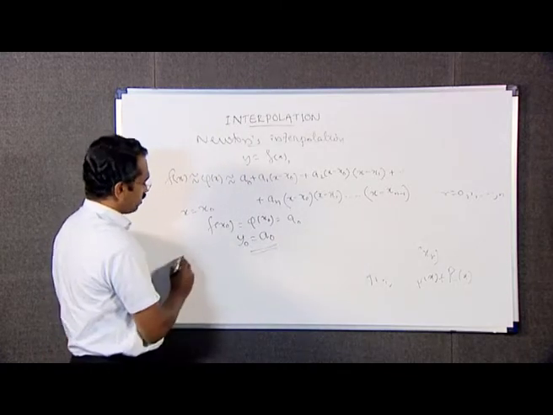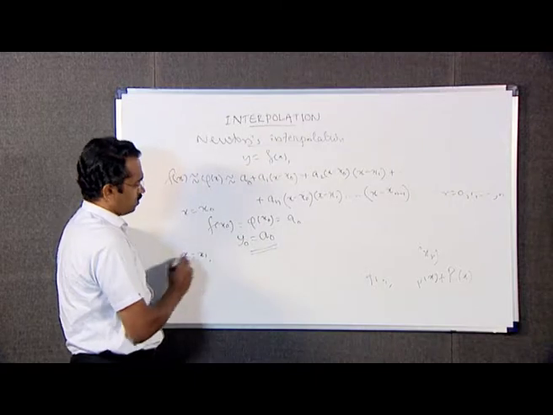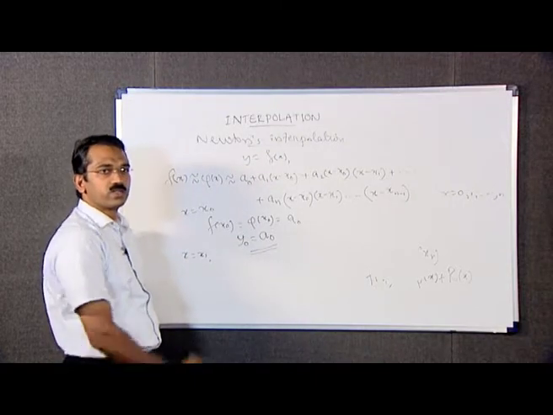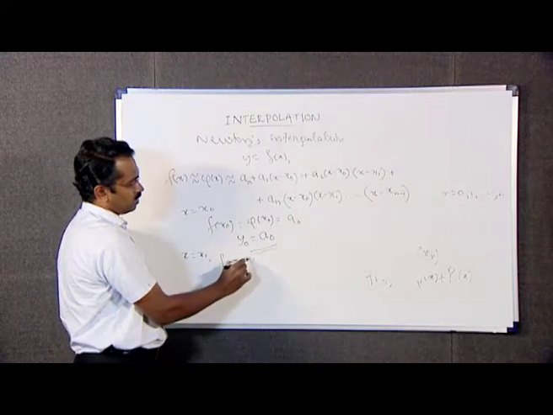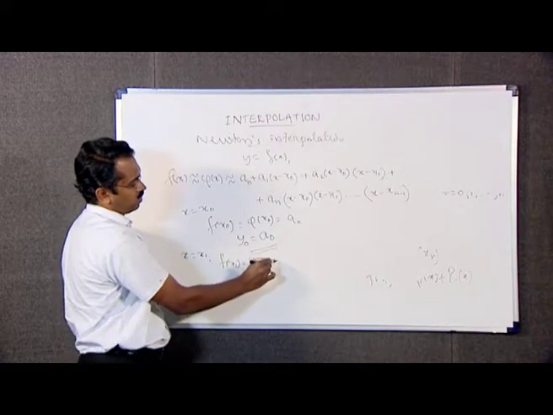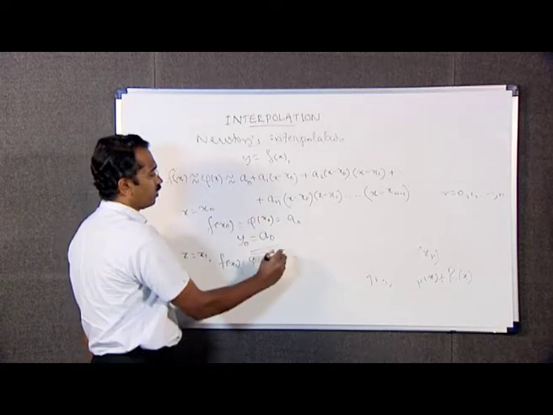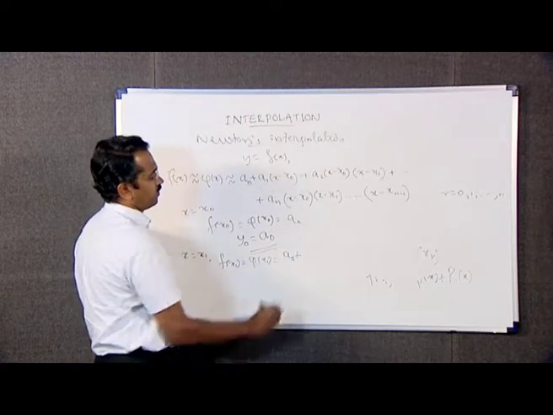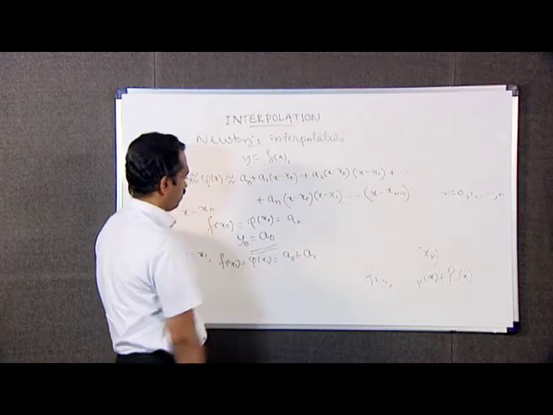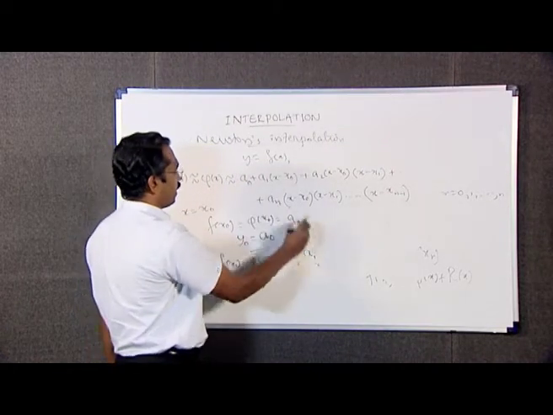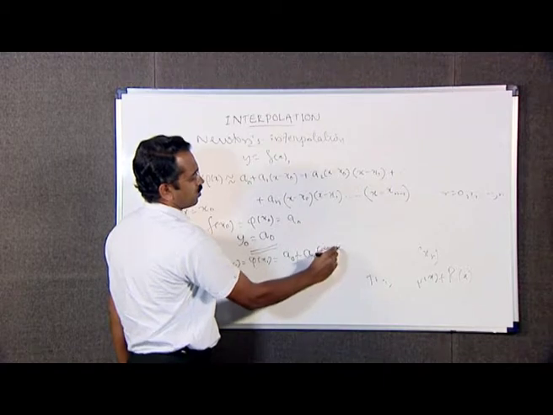Putting x equal to x1, we get f of x1, that is phi of x1, which is equal to a naught plus a1 into x1 minus x naught.